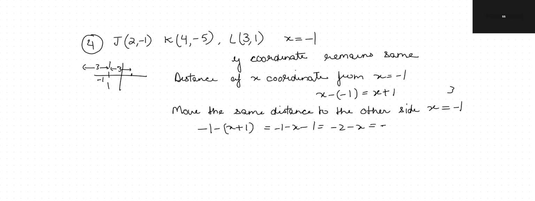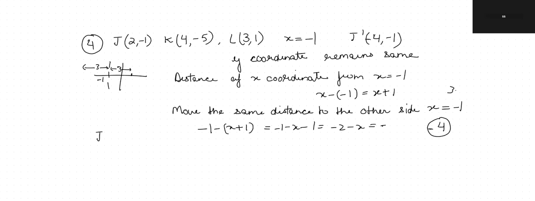So j dash we get here as (negative 4, negative 1). Okay.